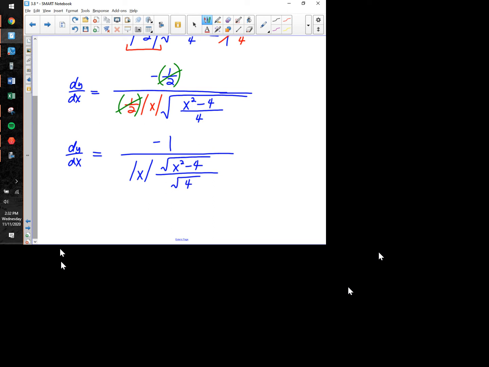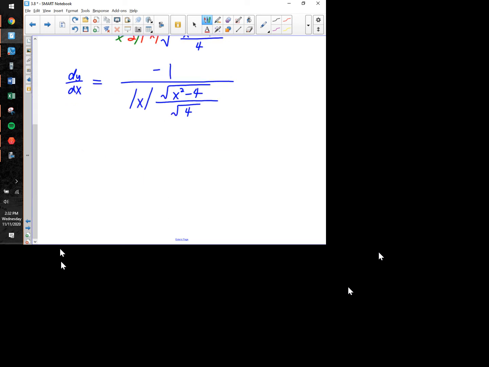See, guys, the significance of this is that that denominator down there is a perfect square. So on my next line, I'm stretching this out, dy dx, that square root of 4 on the bottom just becomes a 2. Negative 1 over the square root of x times, you can't do anything with the square root of x squared minus 4, okay? But the denominator, the square root of 4, just becomes a 2.